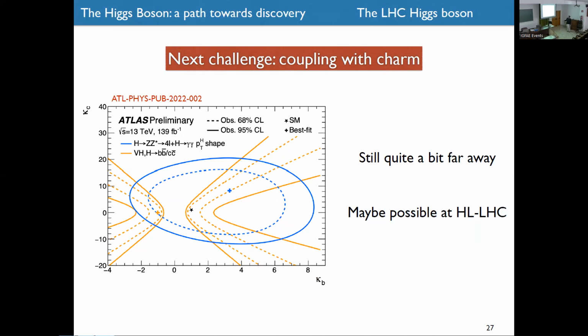And now, the most interesting thing here is the fact that we have no idea what this kappa C is, because you can see that we are very far from being 1. The limits are 10 or 20. So we are very, very far away from here. But maybe it's possible at the high luminosity LHC.